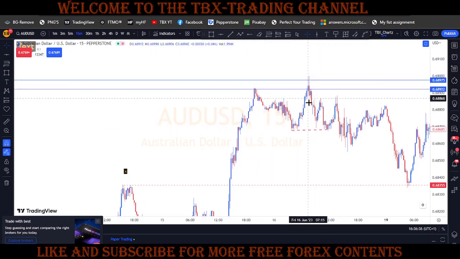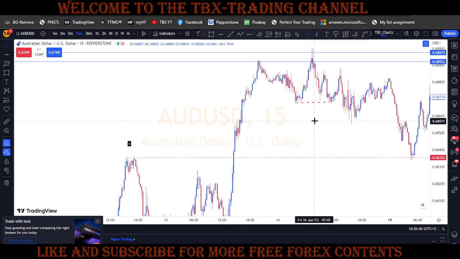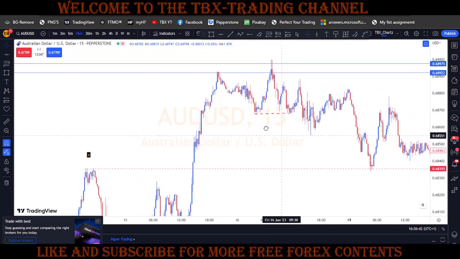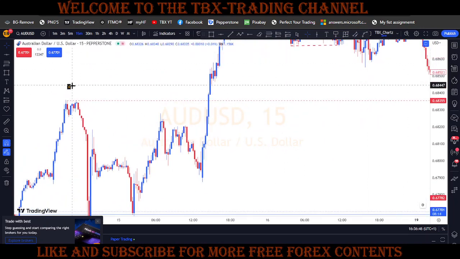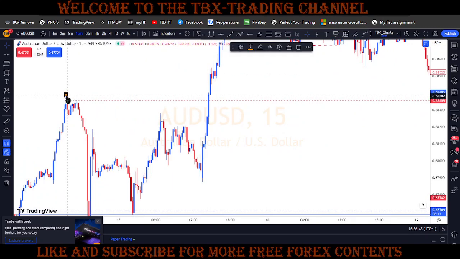So smart money concept traders believe that every area where you can identify liquidity is an area where a lot of stop loss is above.